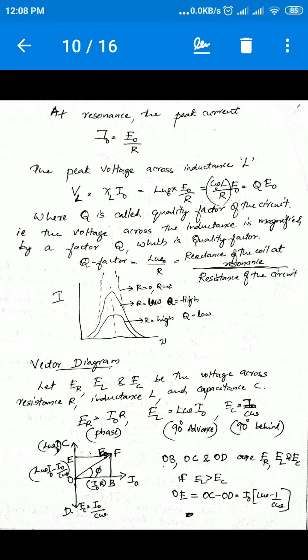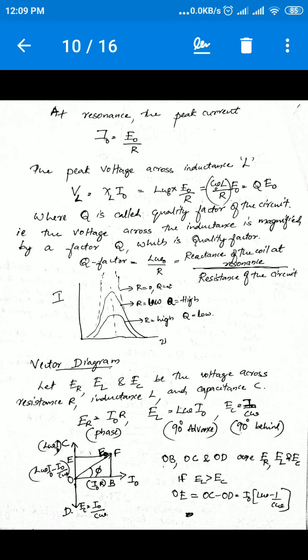So the voltage across the inductor at resonance is L omega 0 by R times the maximum voltage E0. So that factor which is used to multiply the maximum voltage is L omega 0 by R. L omega 0 by R is called the quality factor, so Q, L omega 0 by R, times E0.